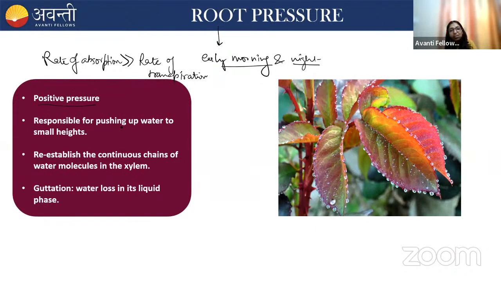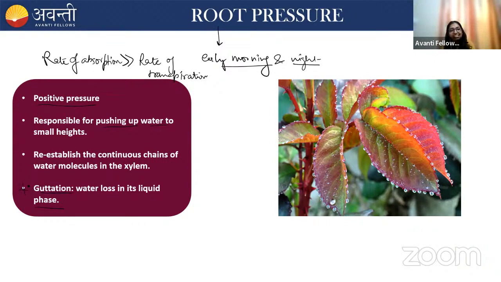This pressure is responsible for pushing up the water to small heights. So we generally observe root pressure in herbaceous plants, because root pressure can push the water only up to a small height. For longer heights, we need transpirational pull, which we are going to discuss in a minute.